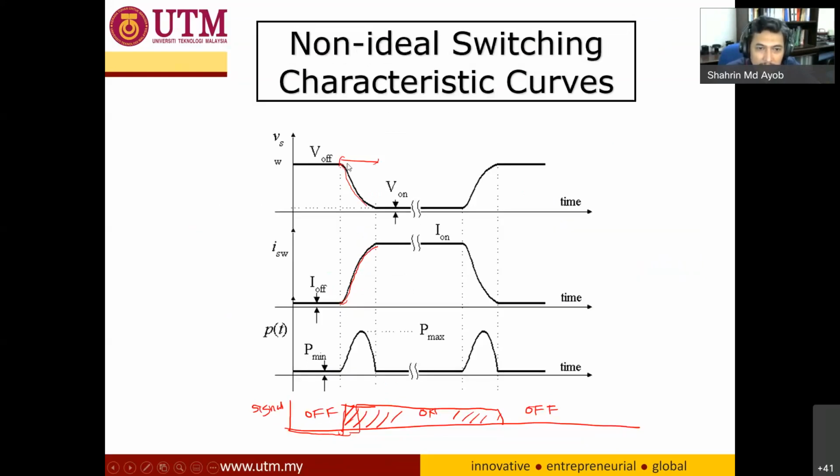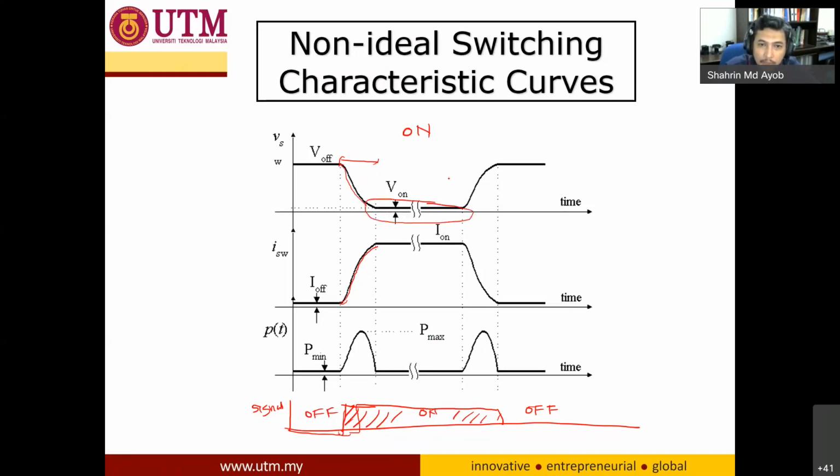It requires some time to fully turn on. So when fully on, the current is rising while the voltage across the switch is decreasing to zero. Okay, and then you will see that during on, there is some voltage drop.